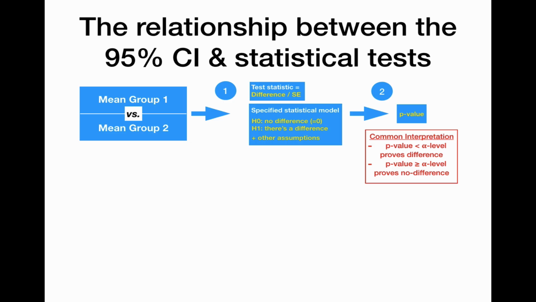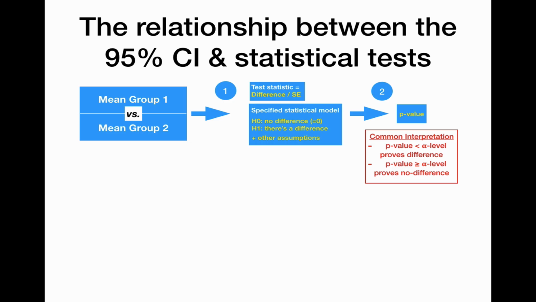So if we accept that 5% of the times we are going to claim that we have found a difference, whereas in reality there is no such difference, and the p-value eventually turns out to be lower than that alpha value, then there must be a difference. And on the other hand, researchers also often claim that if the p-value is equal to or larger than the alpha level, then that proves no difference or equality of the group means.